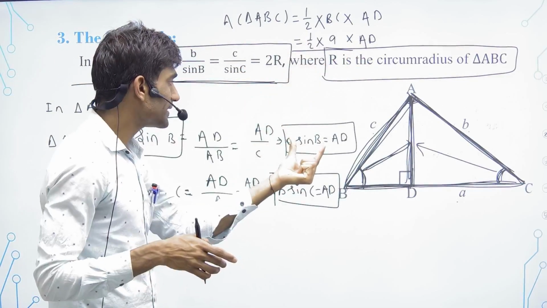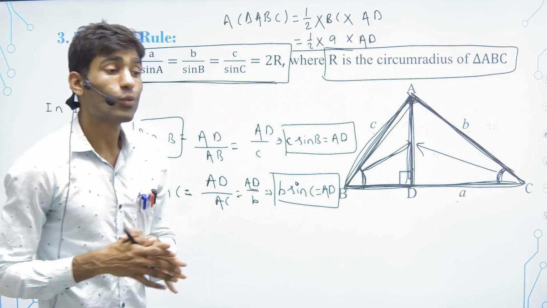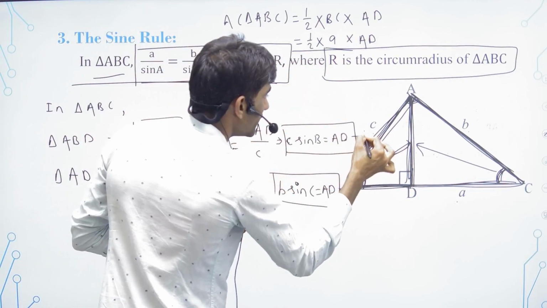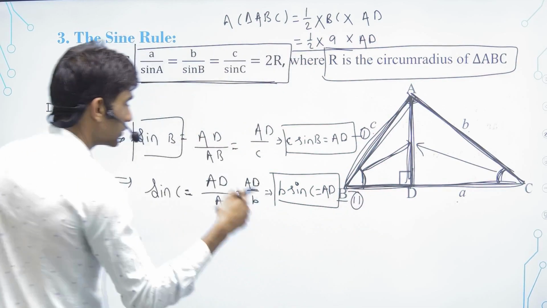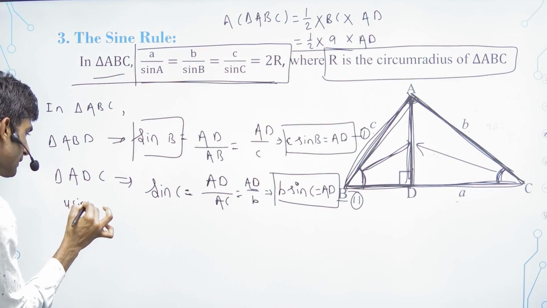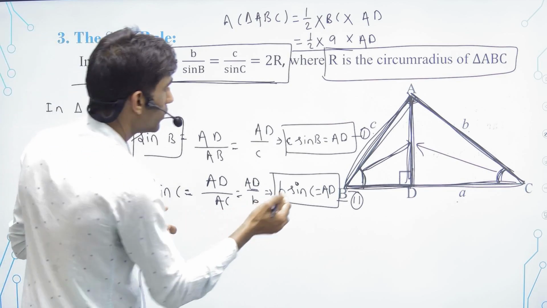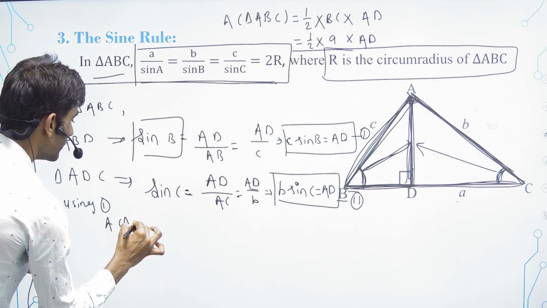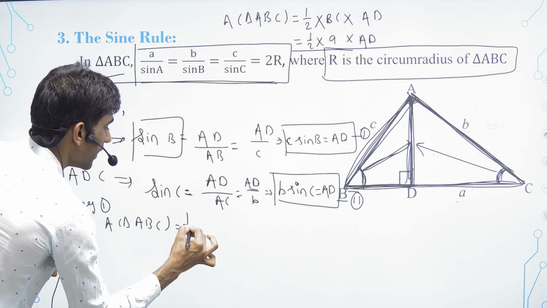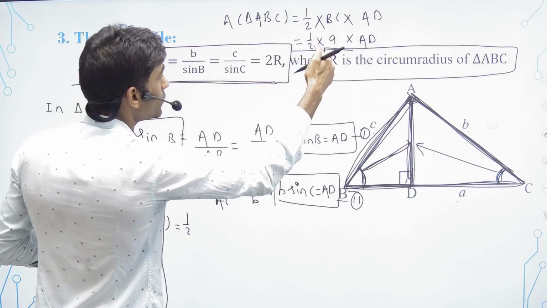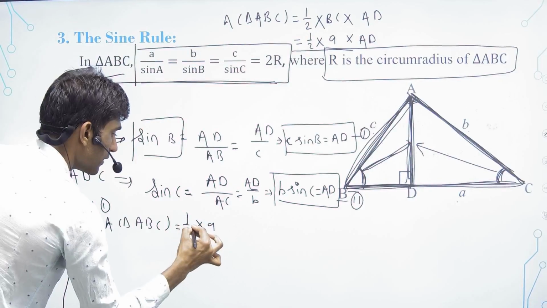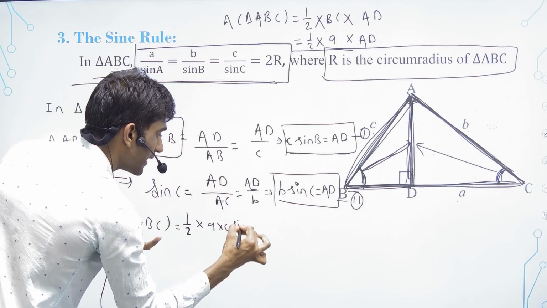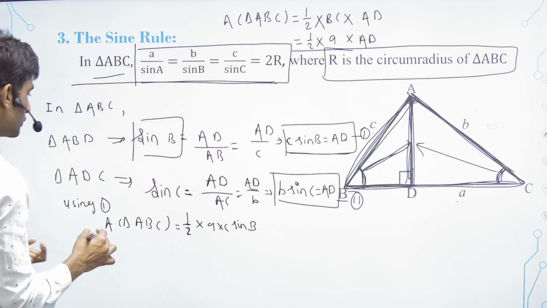So instead of AD, substitute these two values, and you will get the required area of the triangle. Using the first value, area of triangle ABC is 1/2 into BC into AD, that means 1/2 a into AD. Instead of AD, substitute the first value, c sine B. So using first, we got this one.